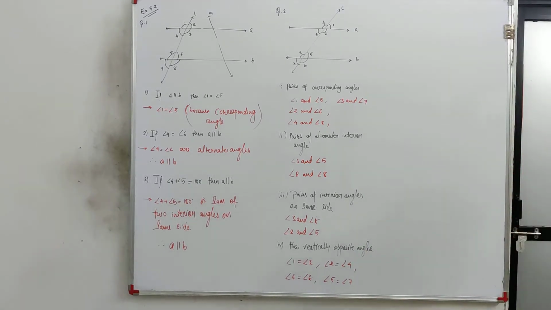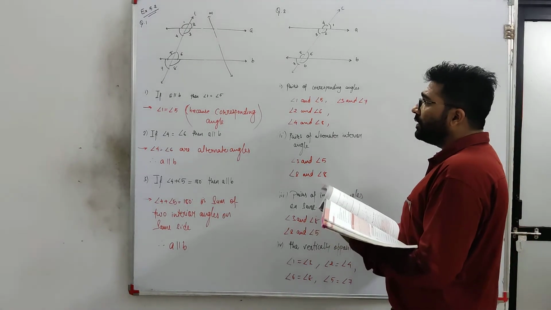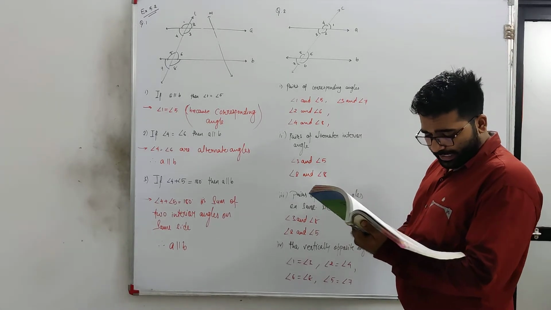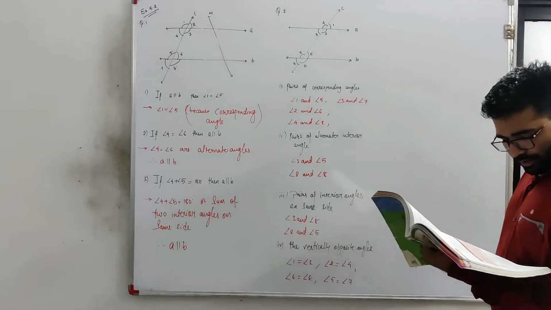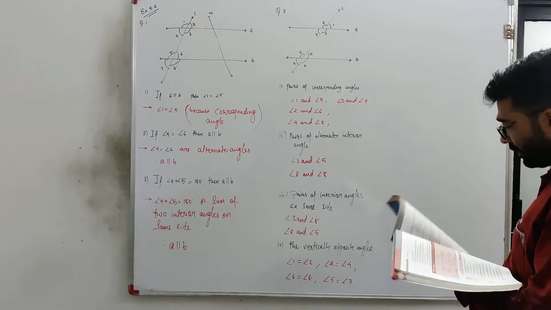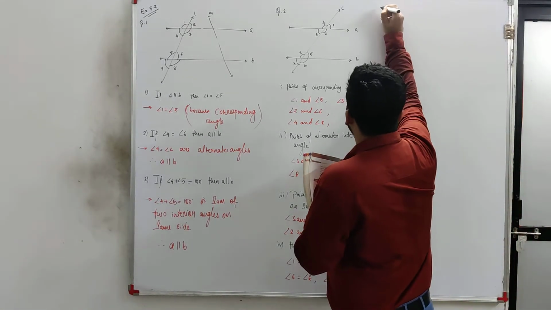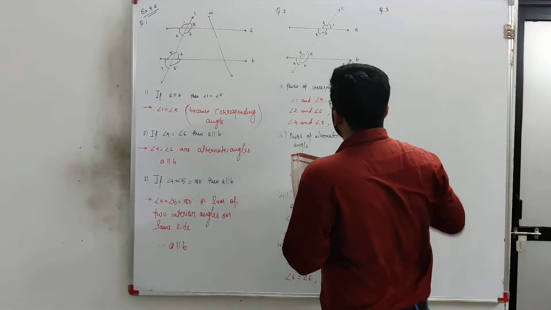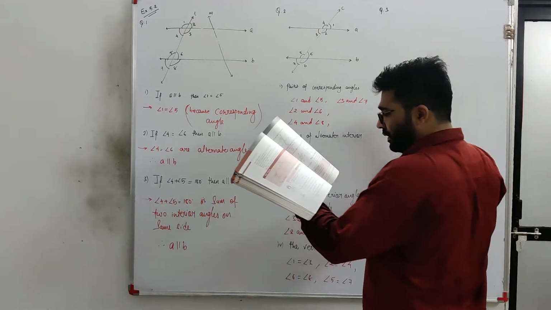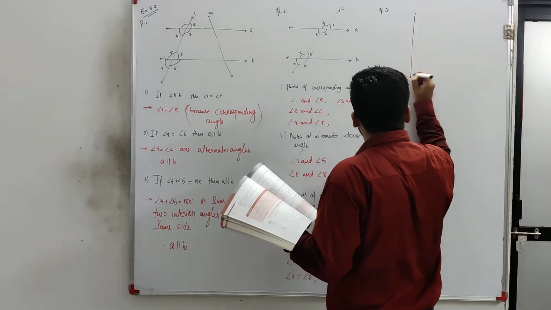Let me see the next one, question number 3. In question number 3, we need to find all the unknown angles for the parallel lines. Let me see how to solve it. The two lines are given like this.